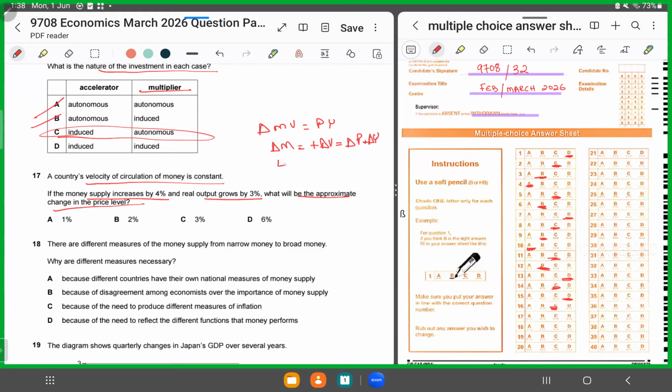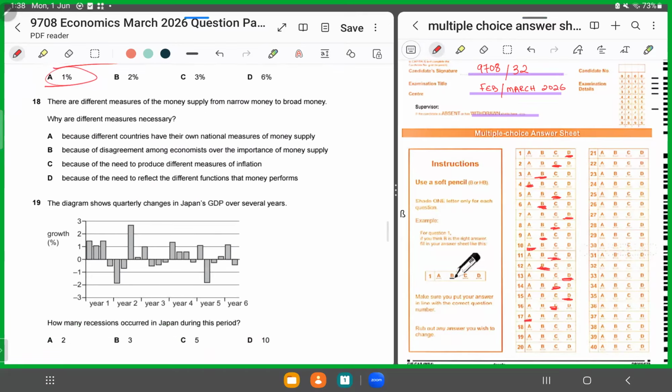So 4 plus, we don't know this, that's 0, is equal to this. So you subtract it, it has to be 1. So for 17, we'll shade in A as the correct answer.